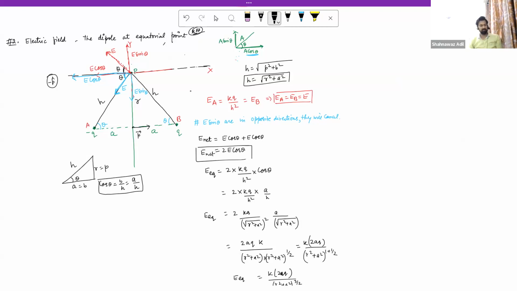That will come in your exam. If you have any confusion, please tell me. Otherwise, please note it down, and whenever you want me to scroll down the screen, please tell me.